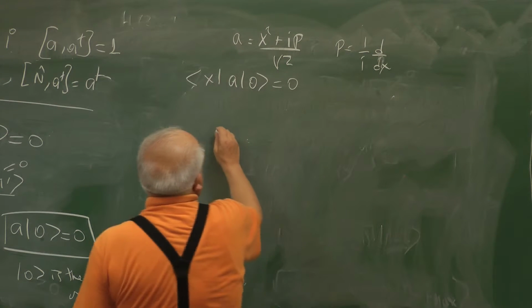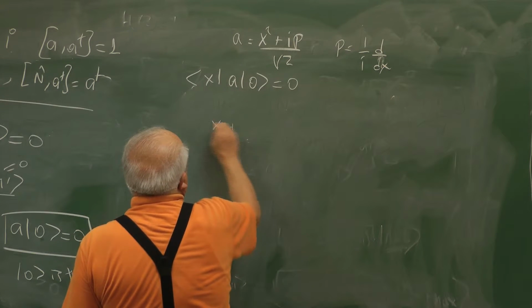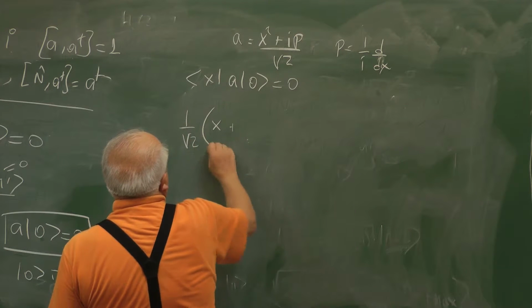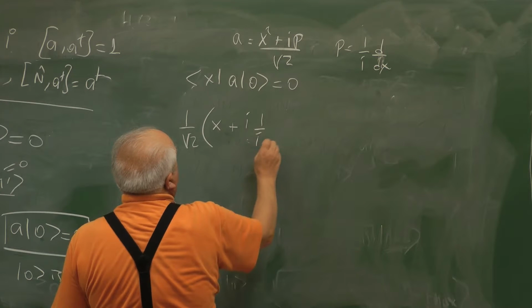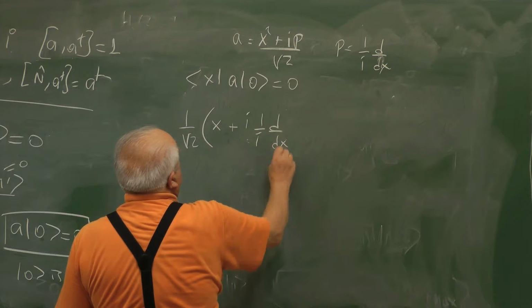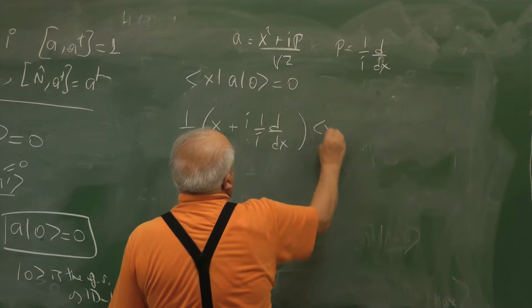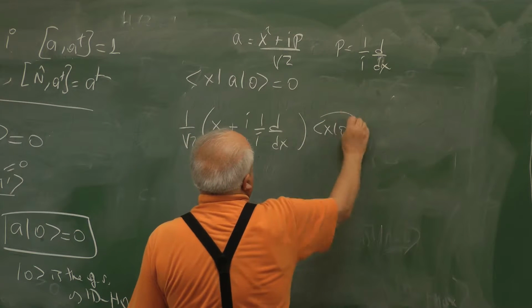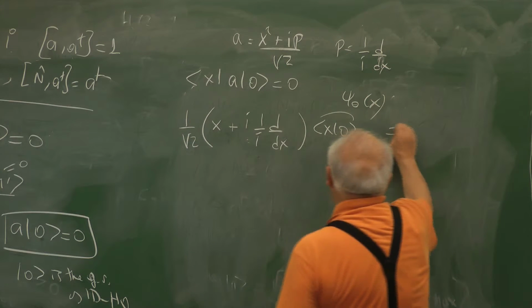So this gives me 1 over root 2 times x plus i times 1 over i d by dx, acting on 0, let me call this psi 0 of x, is equal to 0.